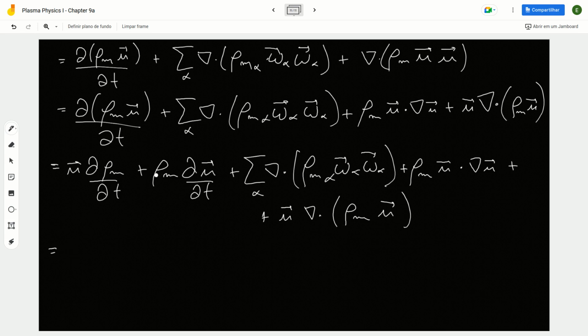I'll put this in evidence here, multiplying the derivative of u in t plus u dot gradient u for the first two terms.